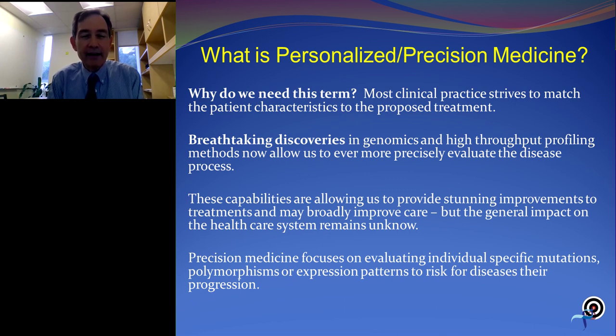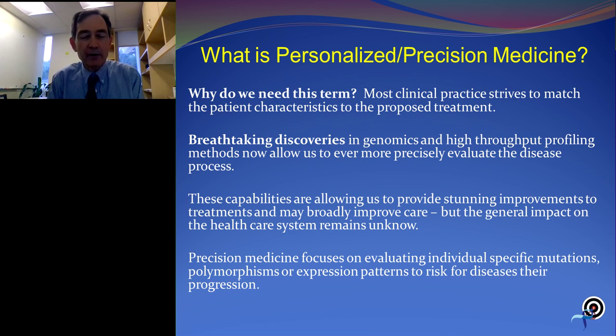And that's allowing us to provide stunning improvements in some cases to treatment. And so we're going to talk about how those changes can impact our understanding of early stages in cancer development.